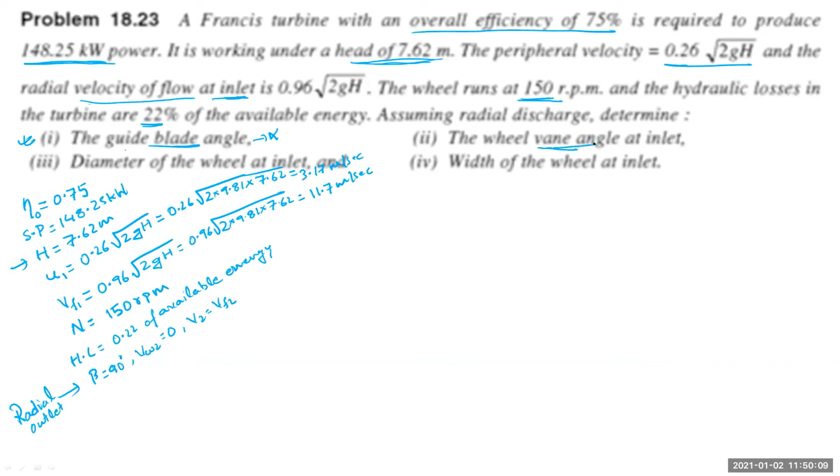When vane angle it is asking, it is your theta. This I will write here. Now diameter of the wheel at inlet and width. Diameter means D it is asking, at inlet means D1, and width of the wheel at inlet means B1 it is asking. Now we will solve it.